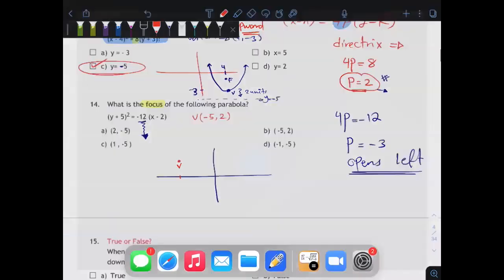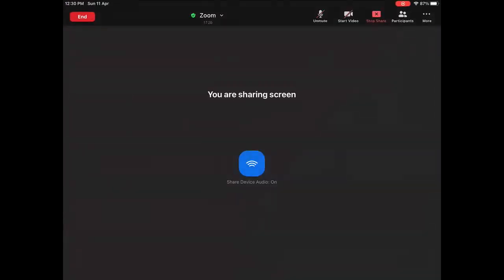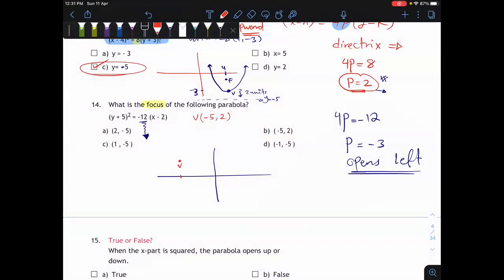One minute, please, guys. Okay, guys. So here the vertex is at -5 and 2.